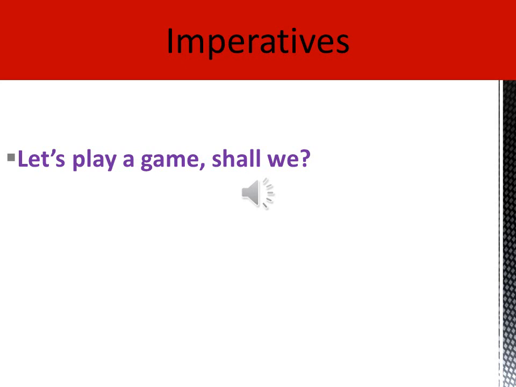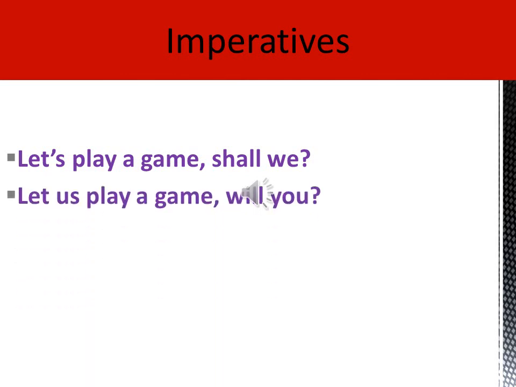If there is an imperative in a sentence, we use question tag like this. Let's play a game, shall we? If there is use of apostrophe s with let, in this case we use shall we.